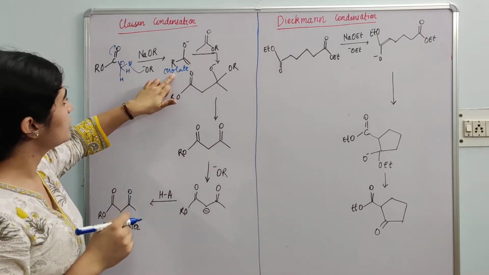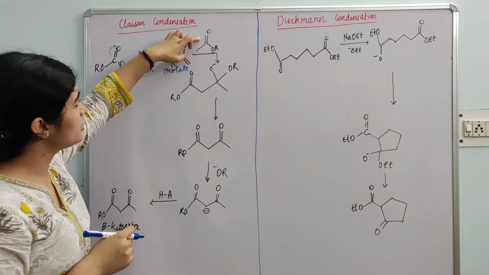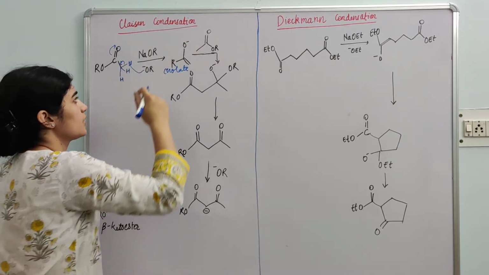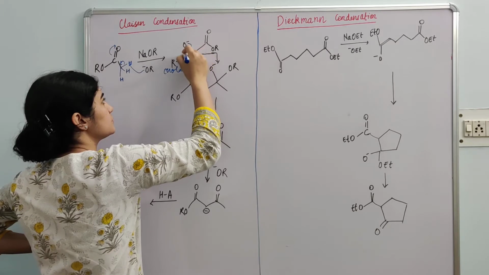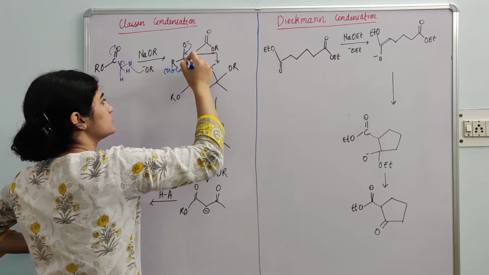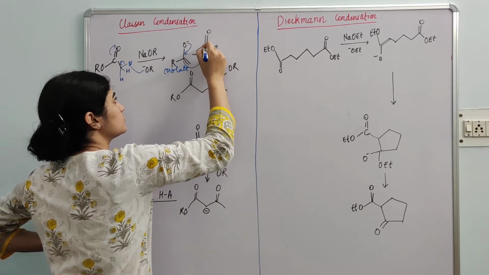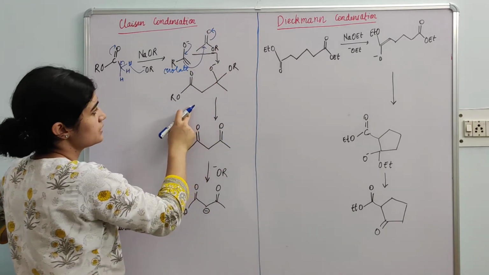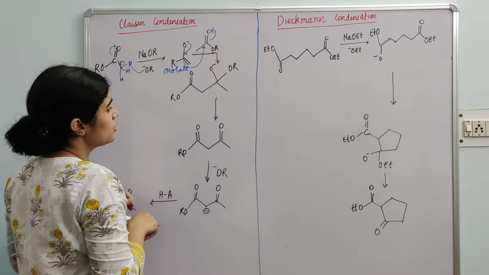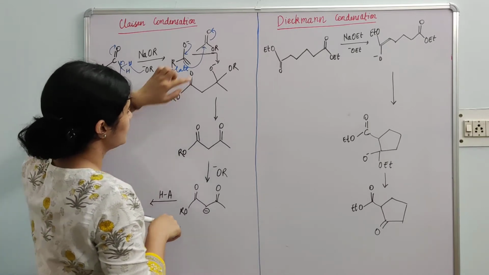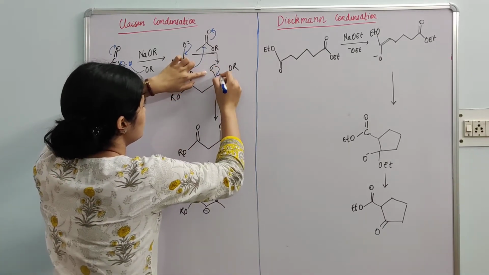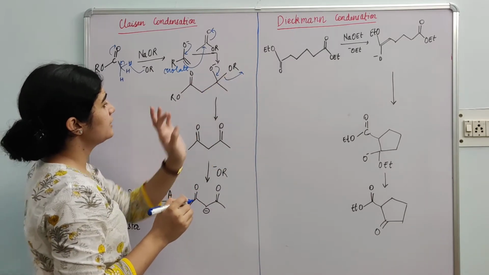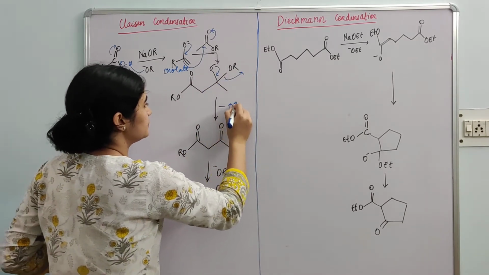This enolate will react with another molecule of ester, forming these pieces. Now what will happen? This will form a double bond and your OR negative will be eliminated here.